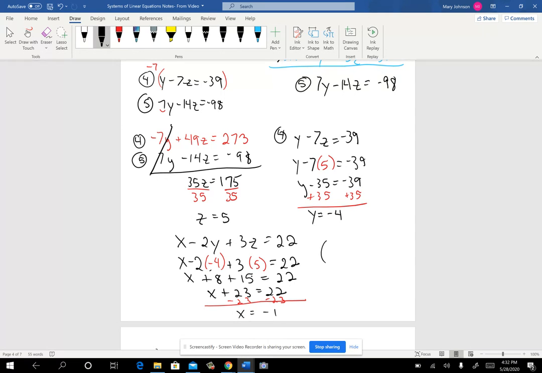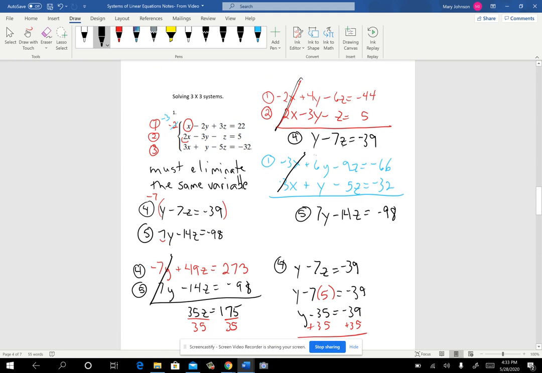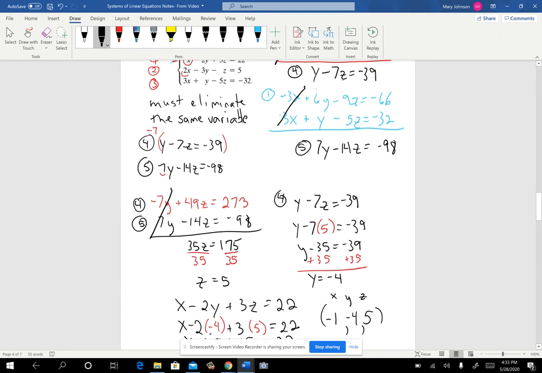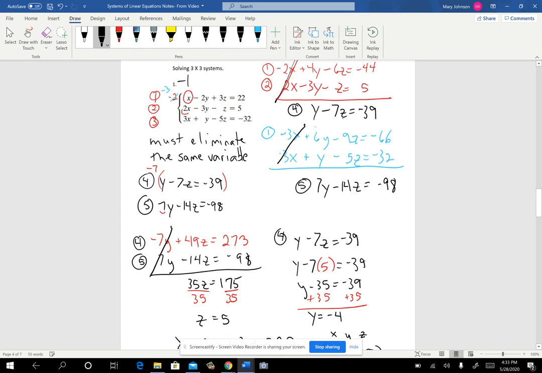Then just like on the other ones, you write it, only instead of an ordered pair, you have an ordered triple, and it should be in alphabetical order, x, y, and z. So negative 1, negative 4, positive 5. Now, something I didn't share during the face-to-face or the virtual session: what I normally do is take the negative 1, the negative 4, and the 5, and imagine them going in place of the x, y, and z on each equation.